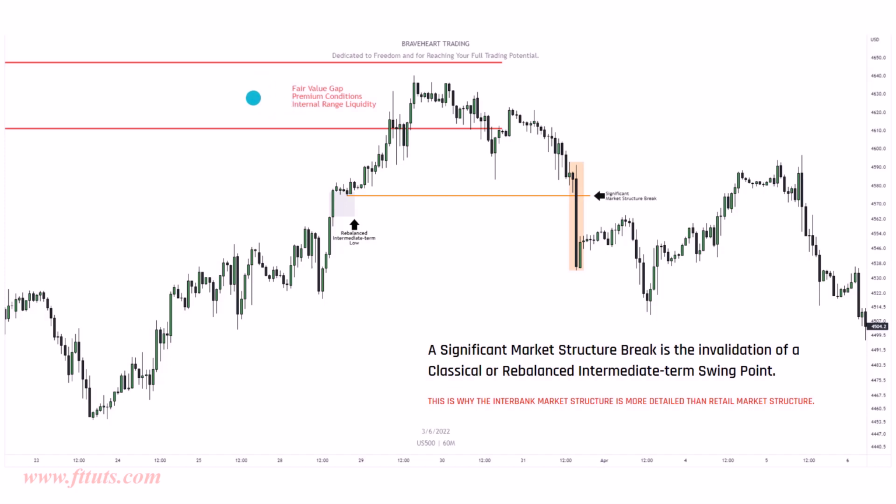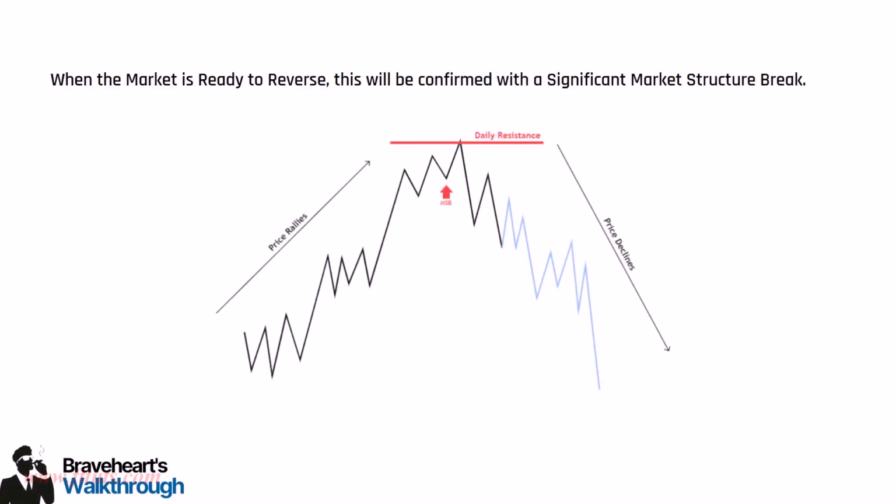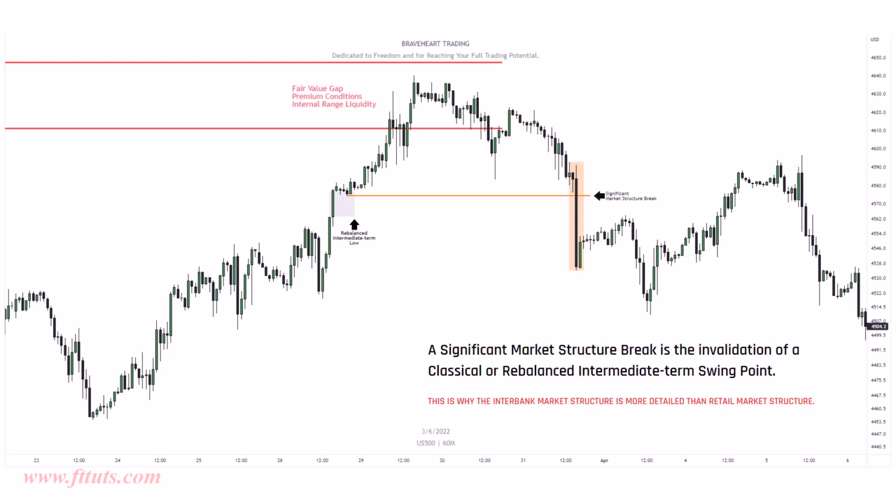So that is the same fair value gap mentioned in the previous slide. Sure, we have a market structure break here and a market structure break here, but if you want to see the full trend reverse, something similar to this, if you want 100% conviction that it's going to reverse, you want to see a significant market structure break, and that can be seen with breaking a classical rebalanced intermediate term swing point.